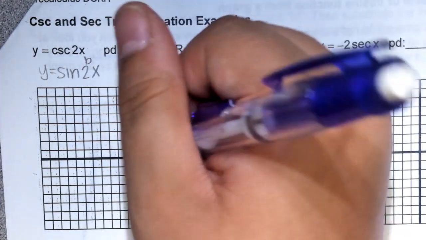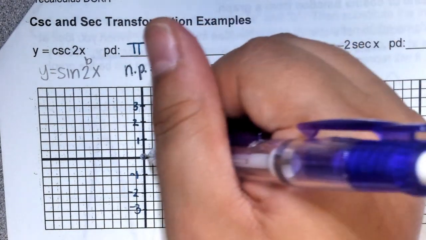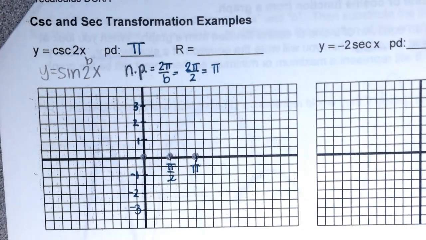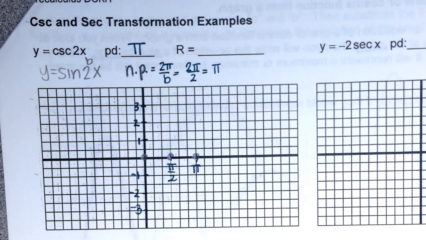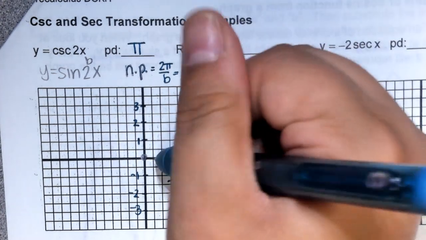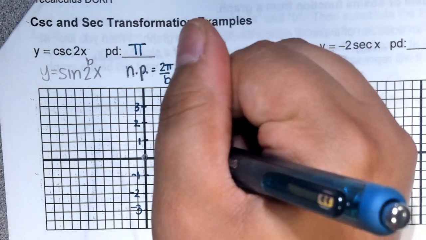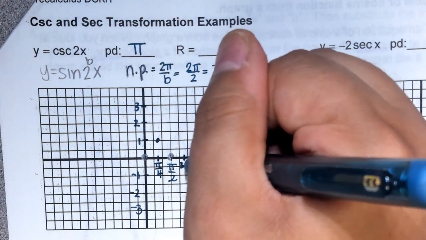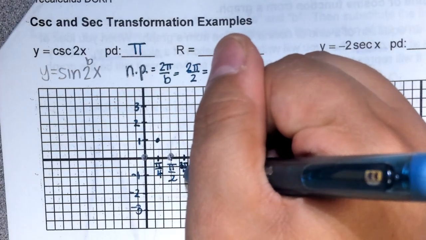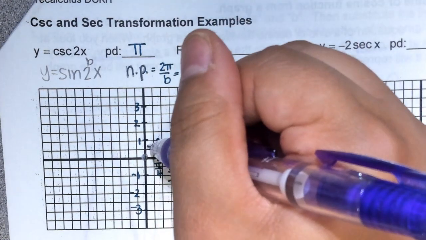So it starts at 0, ends at pi, and has a 0 in the middle. Where is it going to go up to 1 at? Pi over 4. And negative 1 will go at 3 pi over 4. And I'm just going to lightly sketch that.